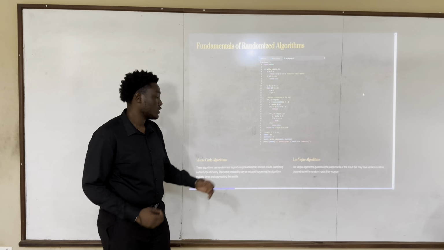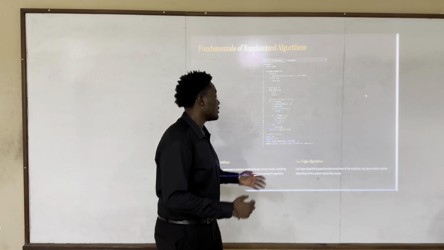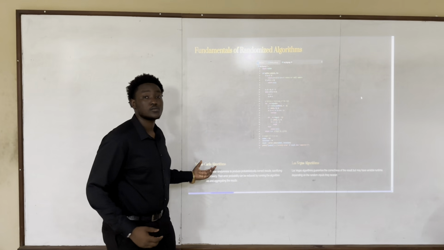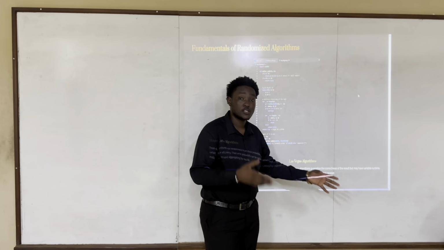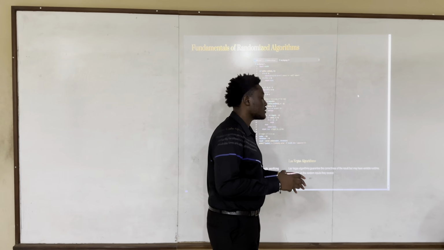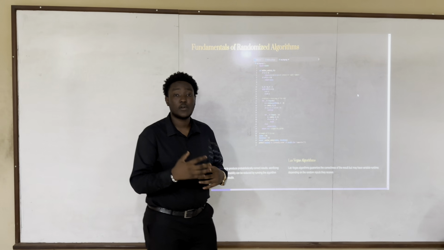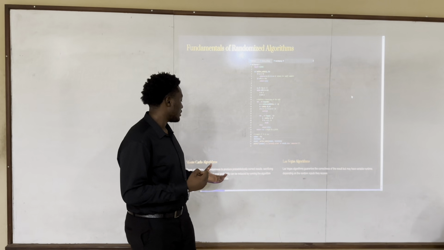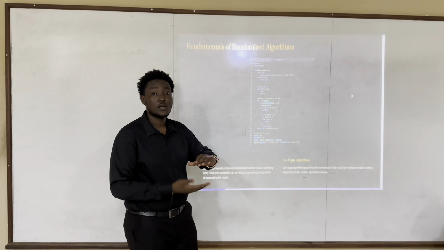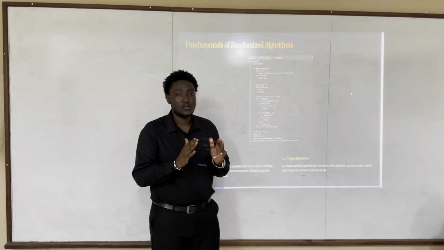In contrast to Monte Carlo algorithms, Las Vegas algorithms guarantee the correctness of the result but may have variable runtime depending on the random inputs they receive. Las Vegas algorithms are often used in cryptographic systems that require absolute correctness, such as randomized primality testing algorithms, where a failure could compromise the security of the system.